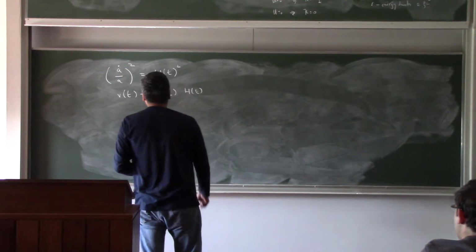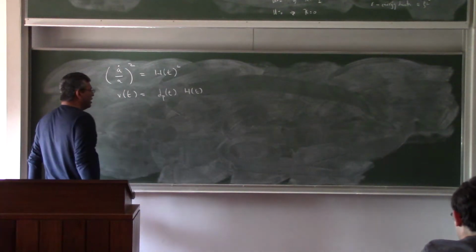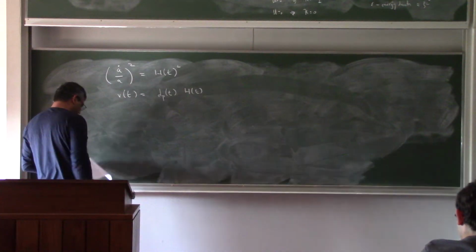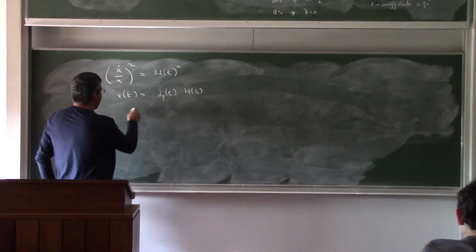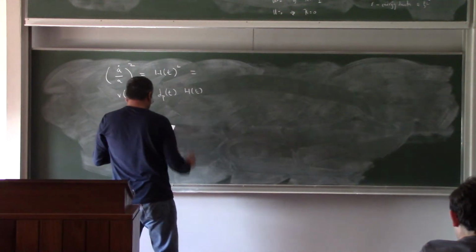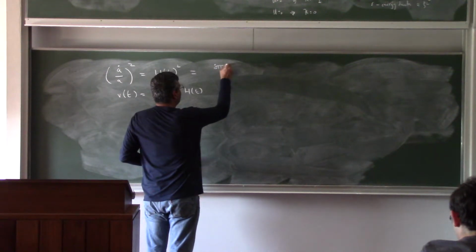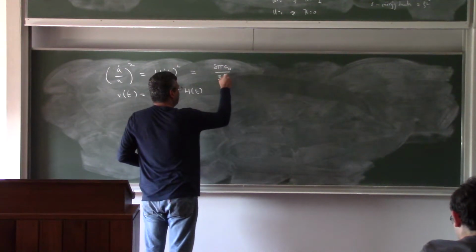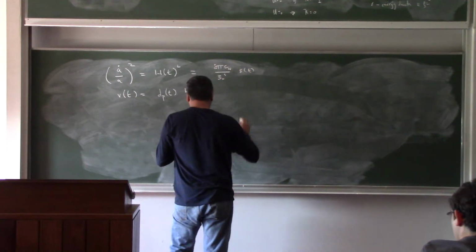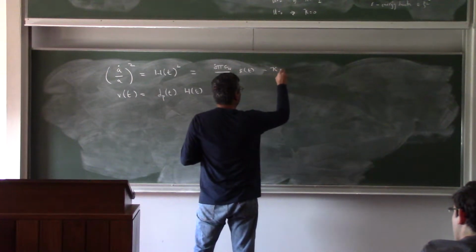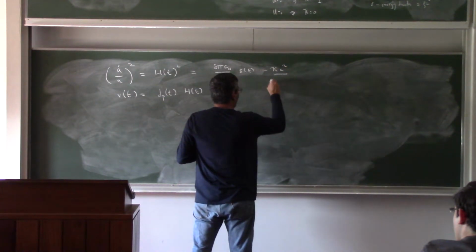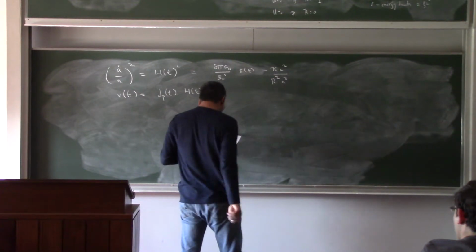So this is how the proper distance is related to the Friedmann equation. We have H of t squared equals 8 pi G Newton over 3c squared epsilon of t minus kappa c squared over R squared a squared.